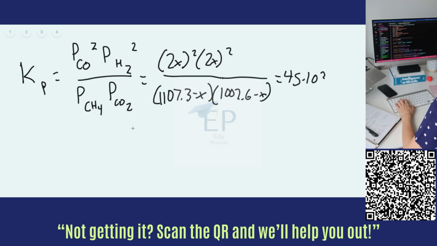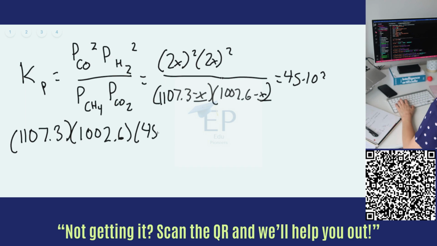And so what we want to do here now is an algebraic trick, and since these x's are going to end up being so small, we can call them essentially 0 or insignificant, which gives us a much easier equation to solve, which is as follows. 16x to the fourth.